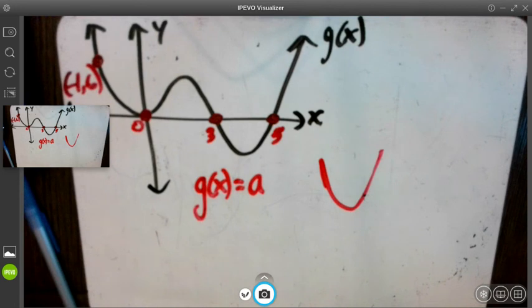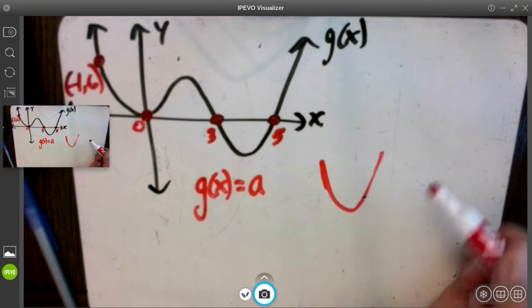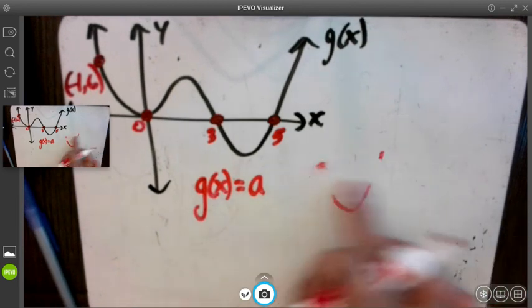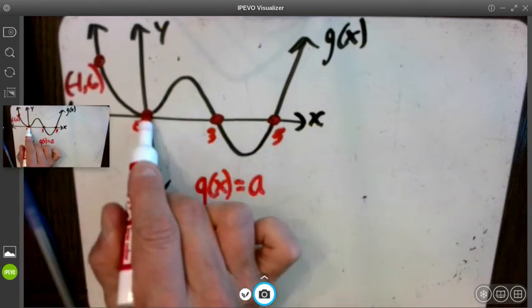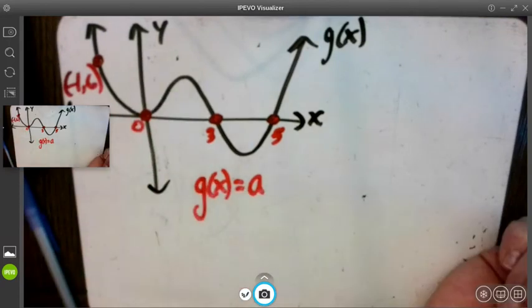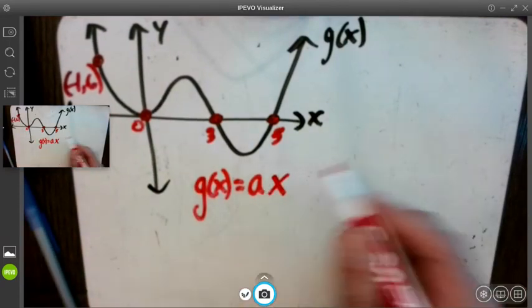So we're going to deal with something that is x squared, x to the 4th, x to the 6th, x to the 8th. X to an even positive power is what we're talking about. Can't be squared in this particular case because we have 1, 2, and I'm going to count this as a double root because there's that bounce again. So what I'm going to do is I'm going to plug in my roots.